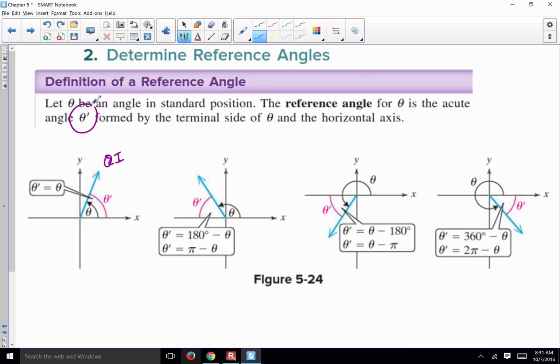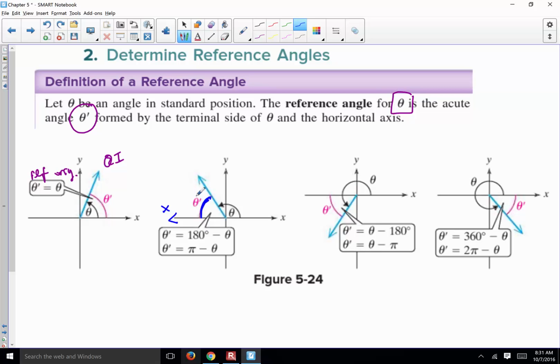It's denoted by theta prime, and theta is the original. The reference angle is equal to the original if it's in quadrant 1. If it's in quadrant 2, like a wide angle like this, the reference angle is this little angle, because the x-axis, the short side, makes a small angle with this side.